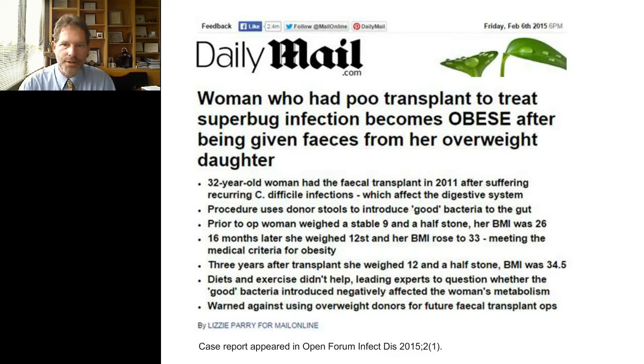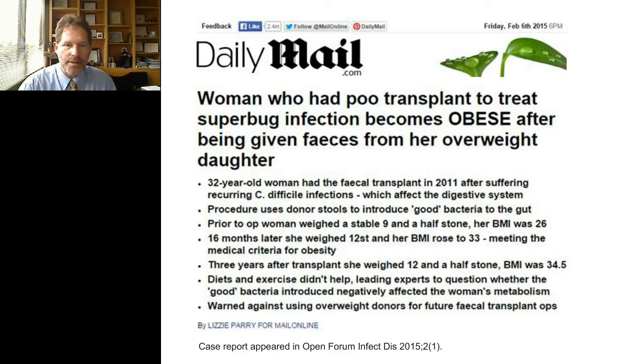And then, of course, there's the fact that we know so little about the other impacts of changing one's microbiota. This is a somewhat humorous headline from the Daily Mail in Britain, but it was about a case that was subsequently reported in Open Forum Infectious Diseases last year, of a 32-year-old woman who had a fecal transplant in 2011 for recurrent C. diff infection.